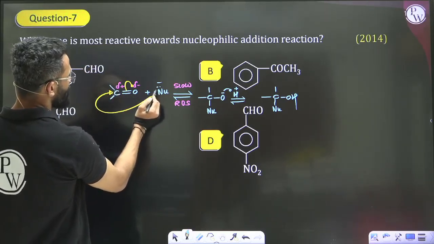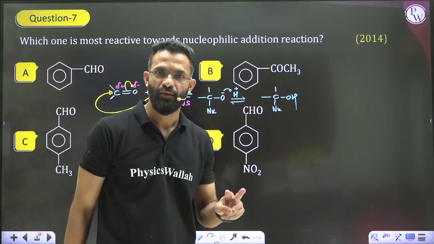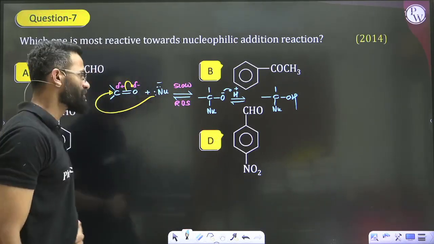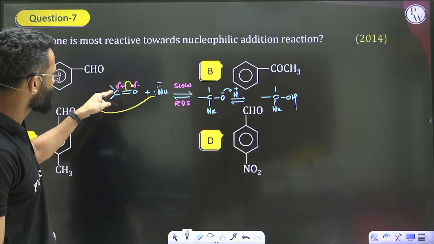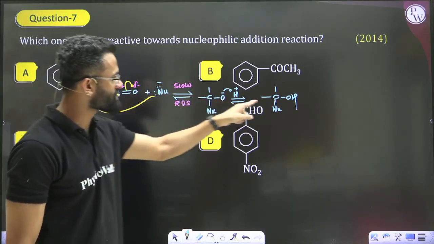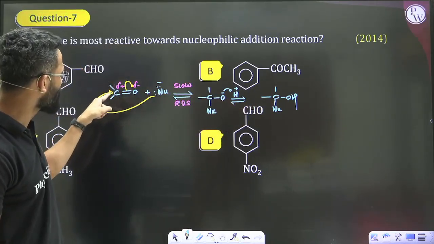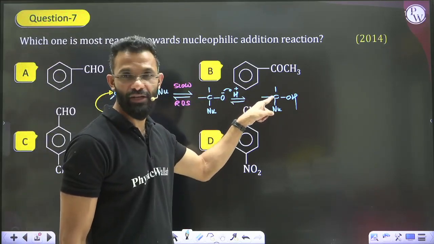So the rate of attack of nucleophile at the carbonyl carbon depends upon 2 factors. One is called the steric factor, the other is called the polar factor. Steric factor meaning, if we have a smaller group present at this carbonyl carbon atom, when the nucleophile attacks here, the unsaturated carbon is going to become a saturated carbon. Meaning the bond angle which was 120 for the sp2 hybridized carbon is going to become 109.5 because this is a saturated carbon.